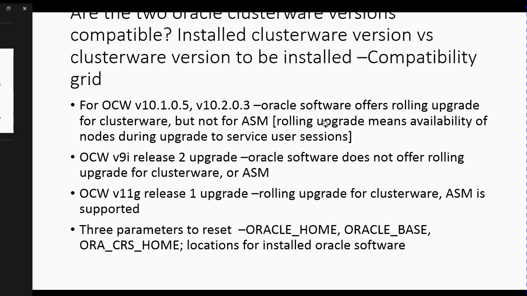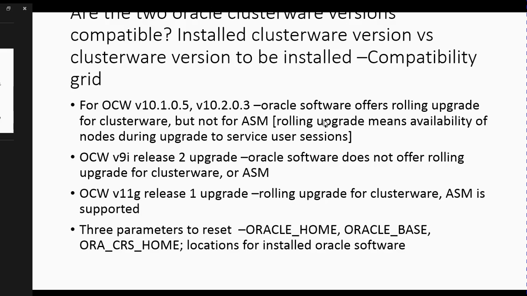In terms of performing the actual upgrade for the Oracle clusterware, you have the ability to perform what's known as a rolling upgrade. By rolling upgrade, I mean you can upgrade the different nodes and still service the different user sessions. So there are two options.